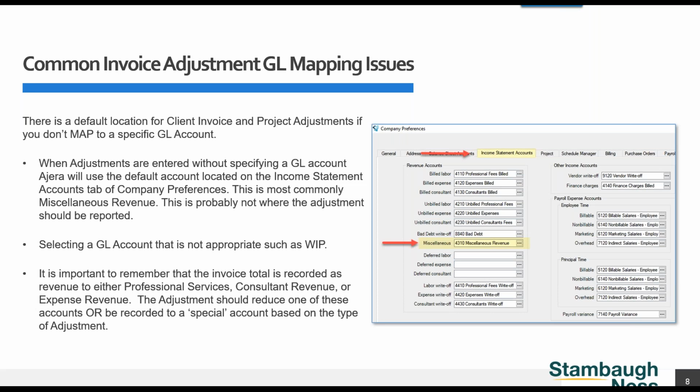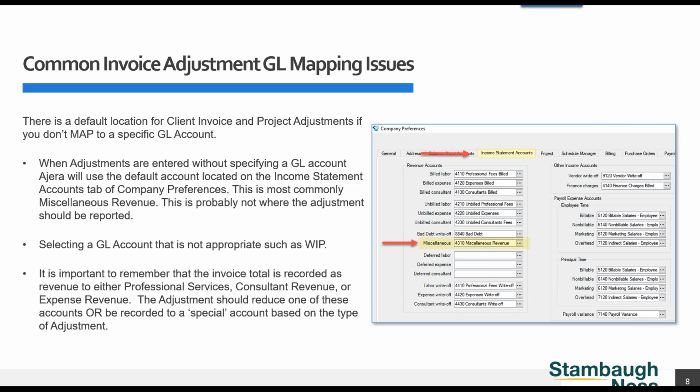What's important to know here, and Shauna will walk us through this when she shows us some actual client invoices, is that when we finalize an invoice that has an adjustment on it, the total before the adjustment is what is recorded to our revenue accounts, and then the adjustment is recorded after that to whatever account we tell it to.